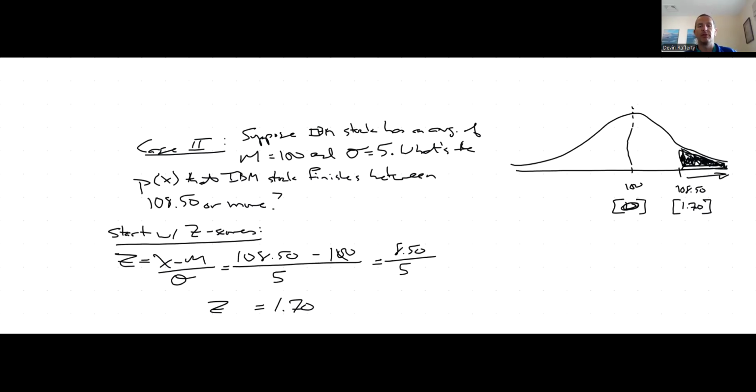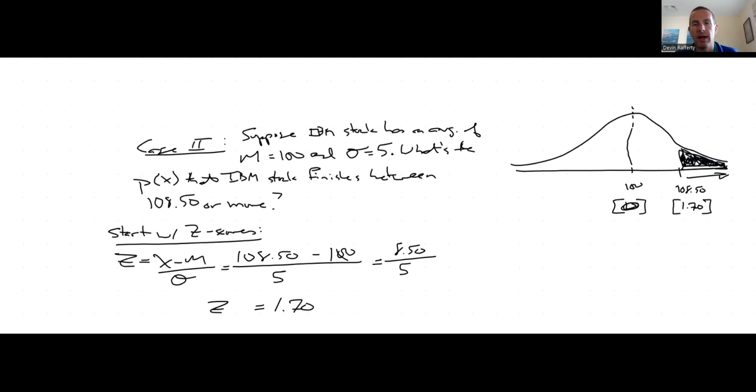If together the left half and the right half make 1, then the right half is 0.5. So from the mean to the tail, the white and the black region together is 0.5.